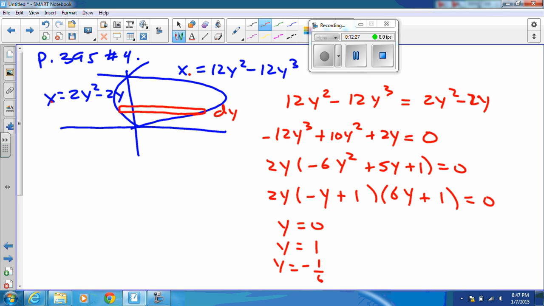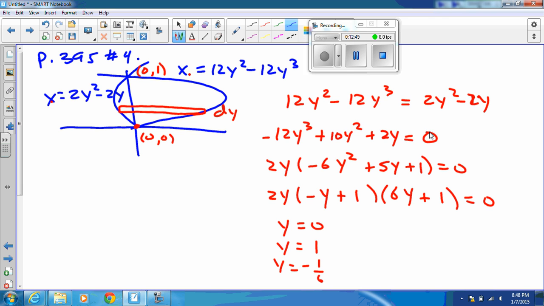And this gives us 3 solution points. Which ones am I going to choose? Well, it seems fairly clear that the ones that we're interested in are y equals 0, which is where x equals 0 also, and y equals 1, which is where x equals 0 as well.